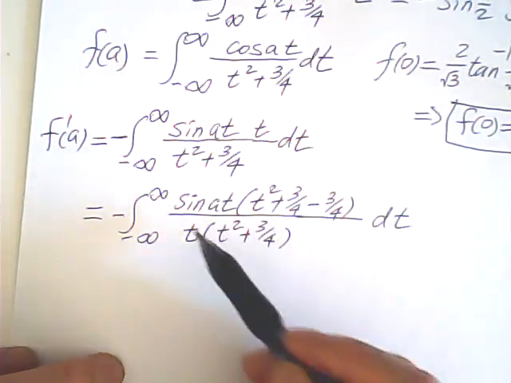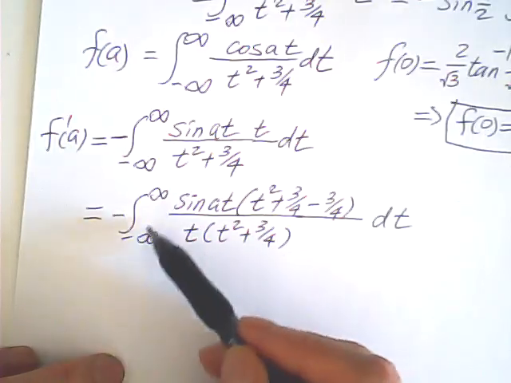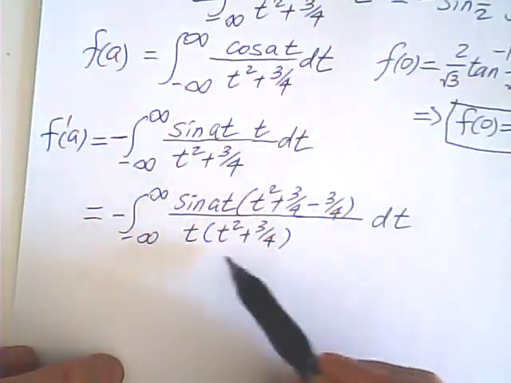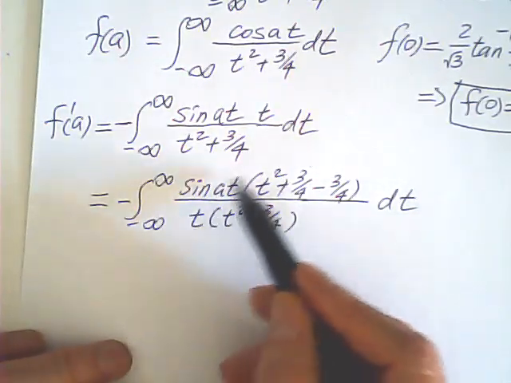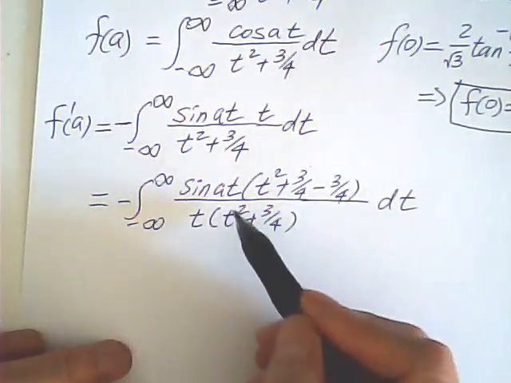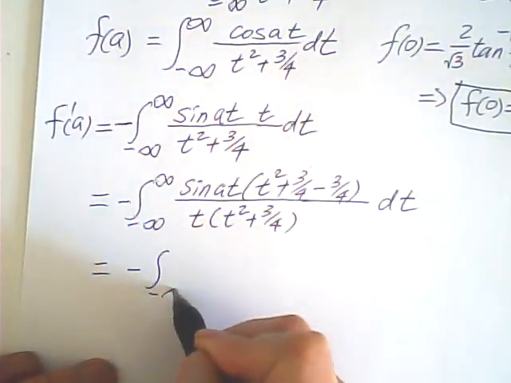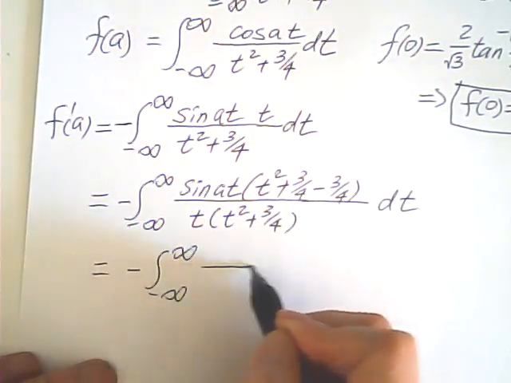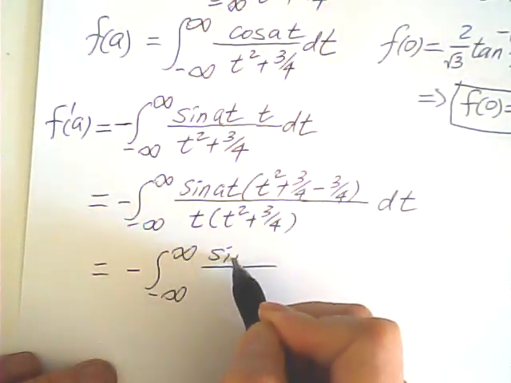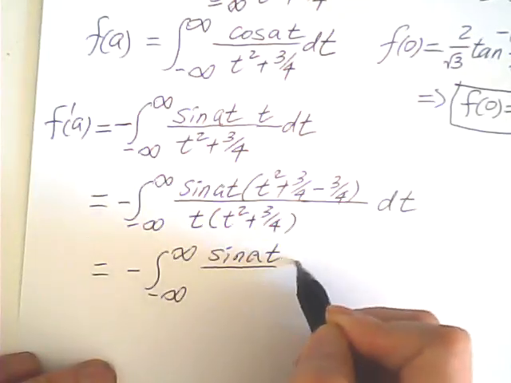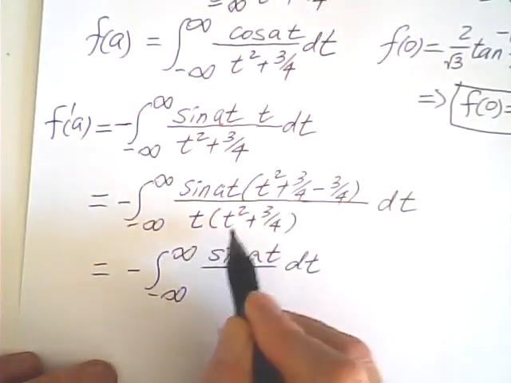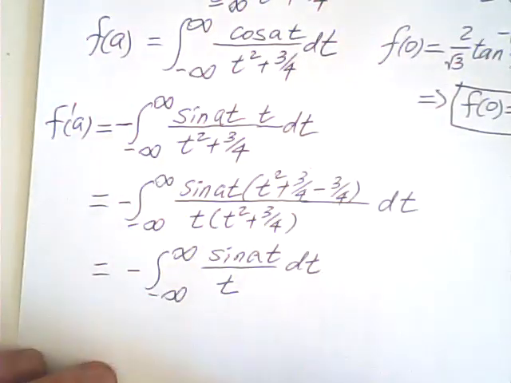So I have two integrals, this one minus the other. After canceling, the first integral is the integral of sine at dt, where the t cancels out.